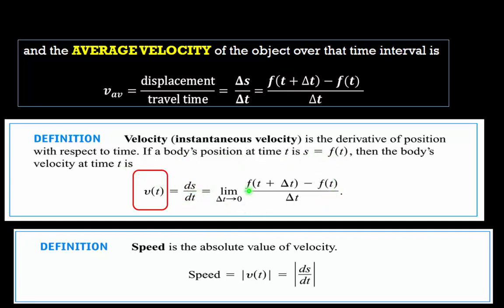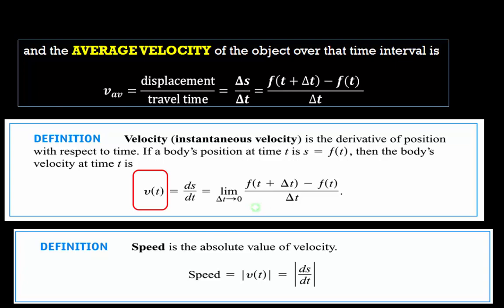That's the slope of the secant line, and when you let delta t go to 0, it becomes the slope of the tangent line. The speed is just the absolute value of the velocity, because the velocity could be positive or negative, which determines the direction of the object that's moving.